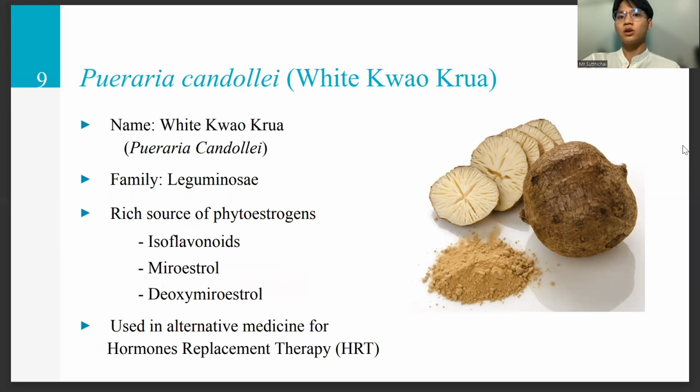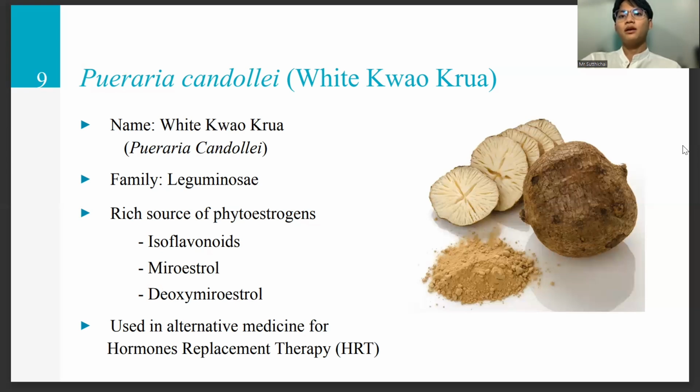It is known for phytoestrogens, including isoflavonoids and the highly estrogenic miroestrol and deoxymiroestrol. Phytoestrogens are plant-derived compounds that structurally or functionally mimic mammalian estrogen, and they have been applied to treat different forms of cancer, heart disease, menopause symptoms, and osteoporosis.